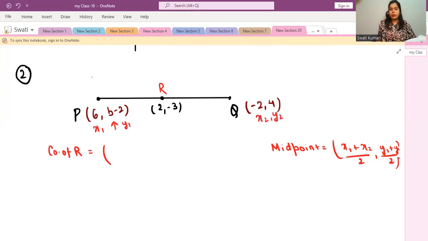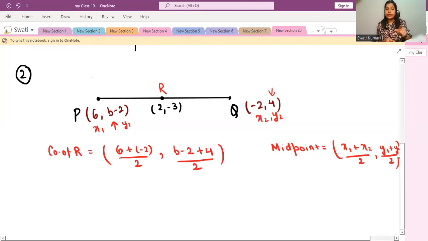Using the formula, x1 plus x2 upon 2: x1 is 6, x2 is minus 2, so 6 plus minus 2 upon 2, comma, y1 plus y2 upon 2. Here y1 is b minus 2 plus y2, which is 4, so plus 4 upon 2, right?